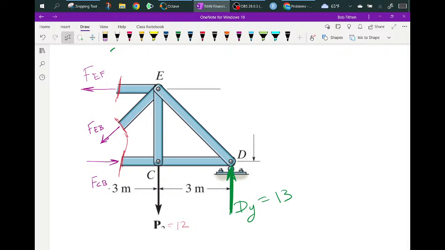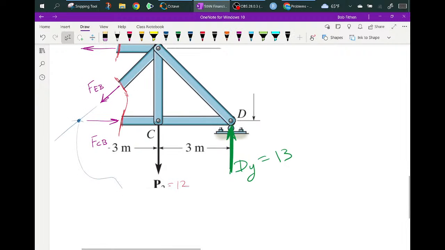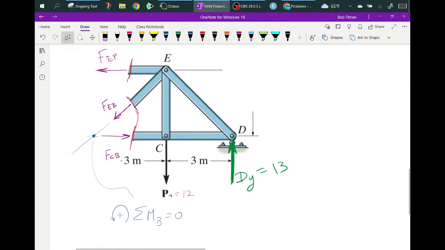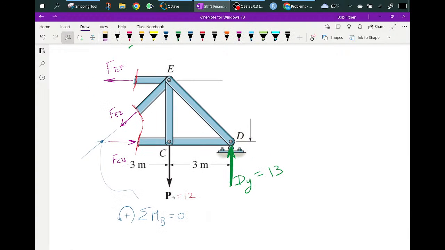It's got to be B because it's the same point back there. Now, if I want to do the simplest thing for myself, I'll just have these two line up and sum the moment. That's got to be B. So I'll sum the moments about B using 0, and that's the direction I'm going to take as positive. The only thing I've got here that's unknown is this thing going this way.